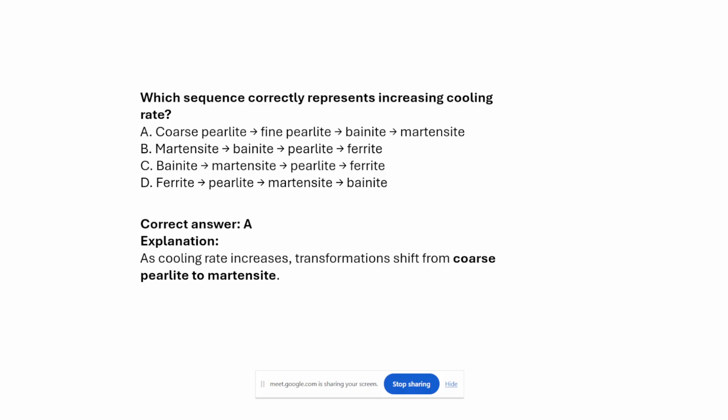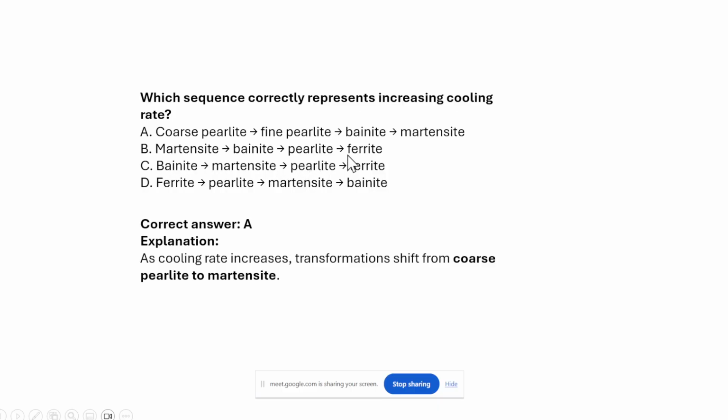Which sequence correctly represents the increase in cooling rate? Coarse pearlite, finer pearlite, bainite, and martensite. Yes, that will be here next.